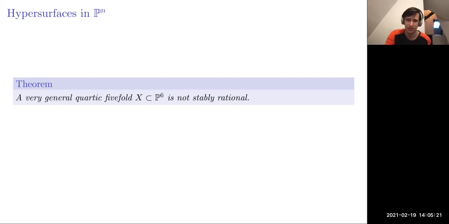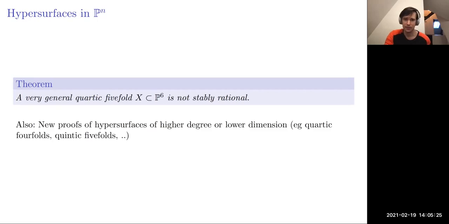That's maybe the most striking application of these techniques that I'll explain. This is the main application, but we also give new proofs for other hypersurfaces in projective space.